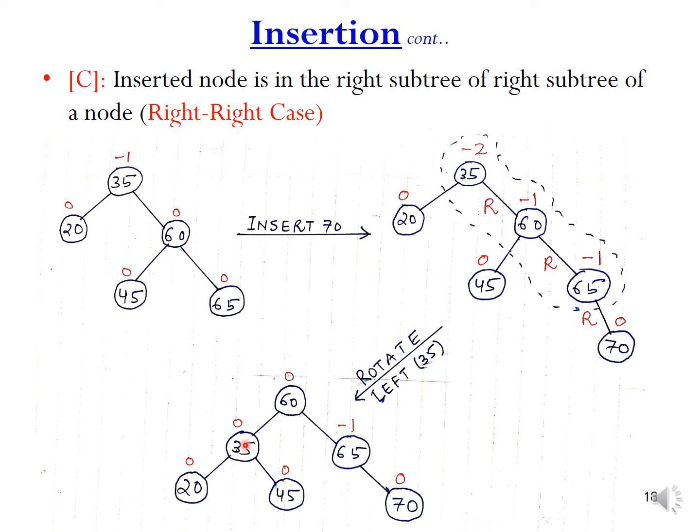This 35 will come here and 60 will go to the top and become the root node, and 45 will come here, and this is 20, and this is 65. Now we will recalculate the balance factors. Now we can see the balance factors are less than or equal to 1. So again we can say this is an AVL tree.